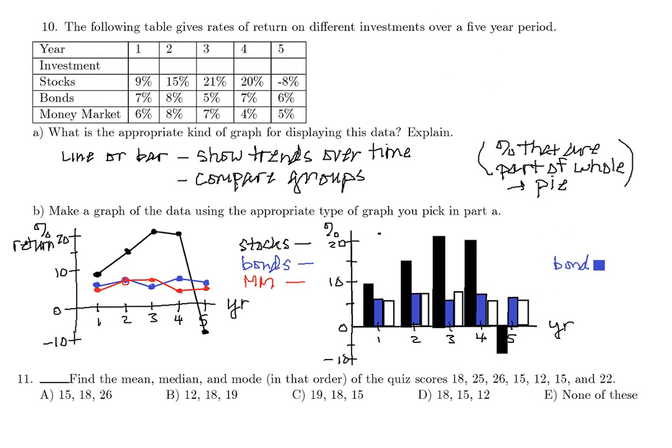And let's go ahead and color these guys red. Not what I wanted there. There we go. All right, and we'll do our key. So our red here.